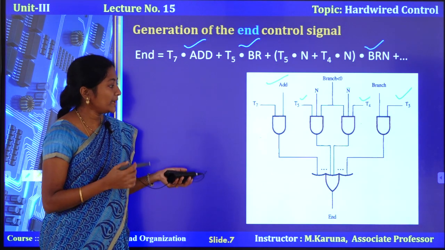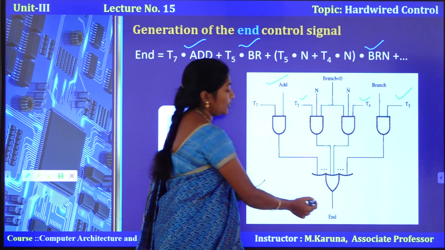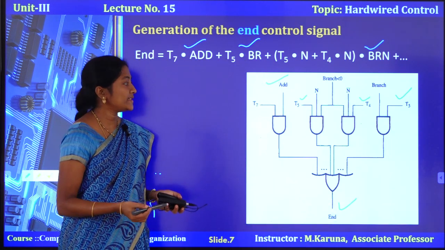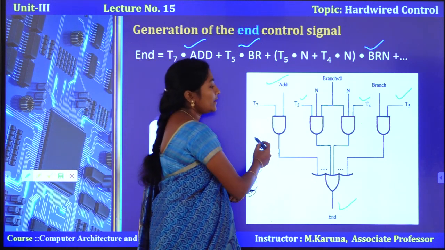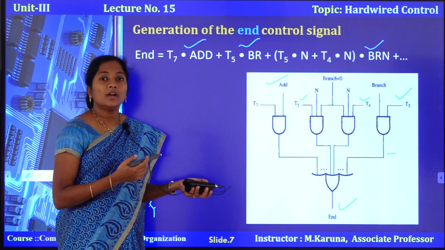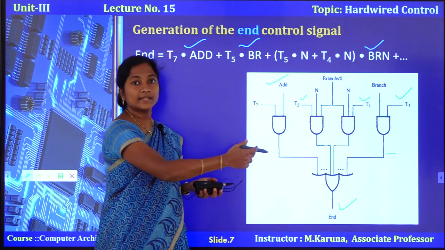For the combination of all this, if either one of the inputs is 1, then the output will be equal to 1. Likewise the end signal will be generated based on the given inputs.